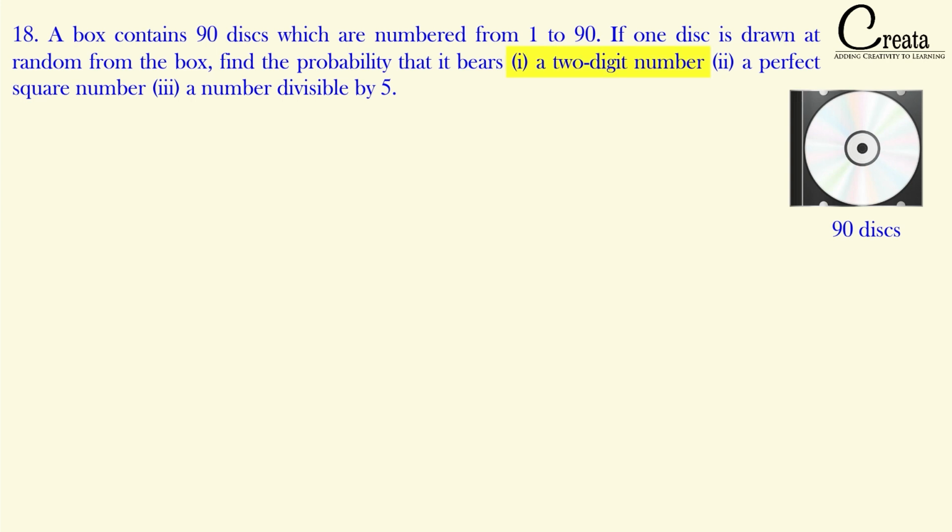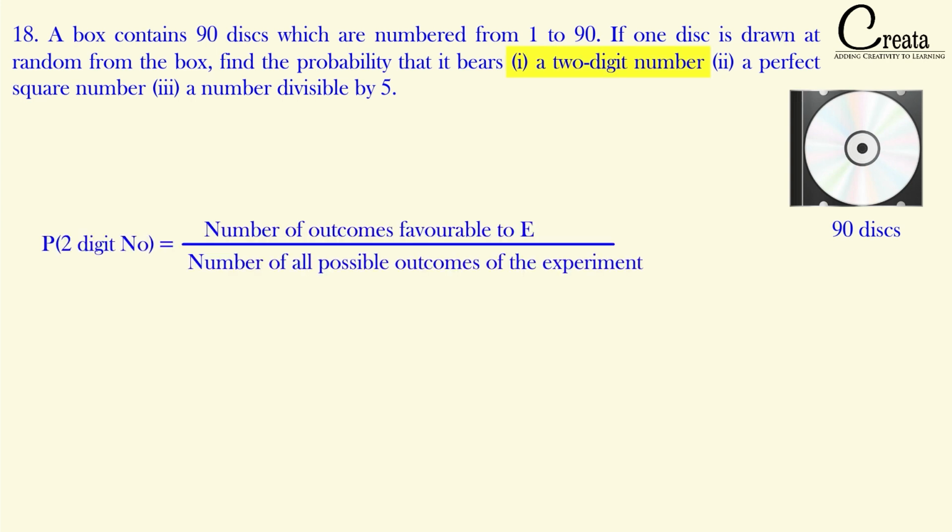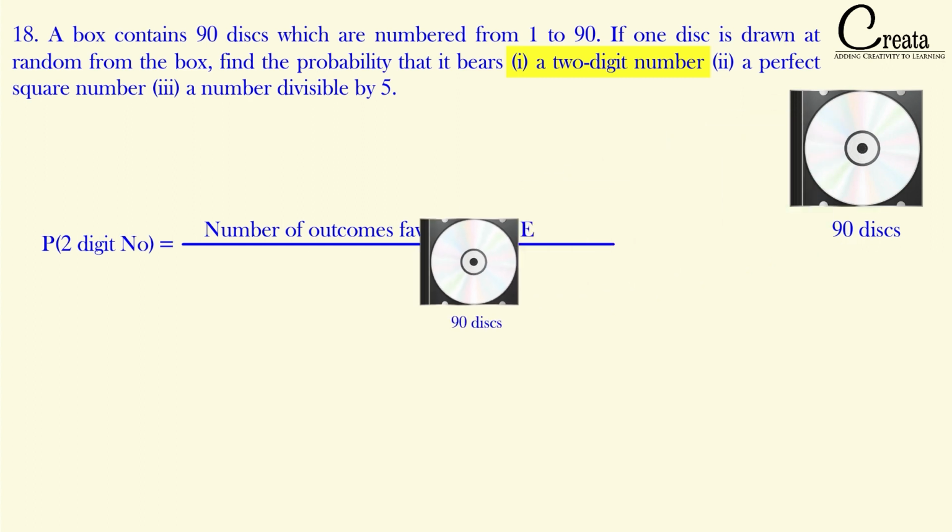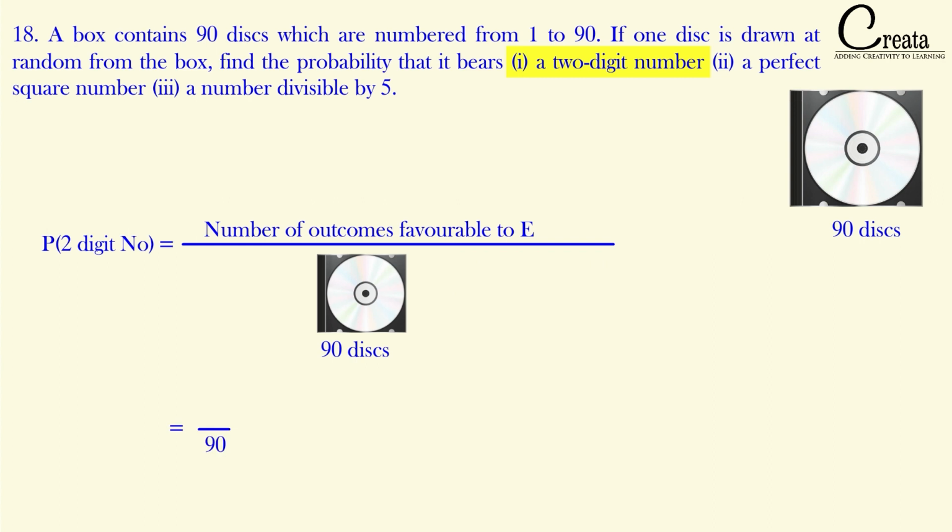So let's take the formula of probability. We will start with the denominator, that is total possible outcomes. We have 90 discs in the box, so 90 will come in the denominator. In the numerator, what will be the total favorable cases? The favorable cases will be the discs having two-digit numbers.